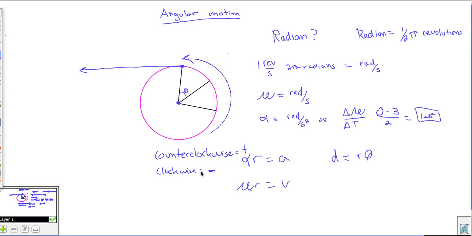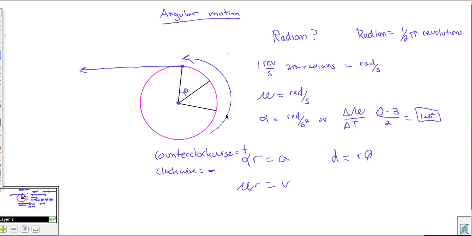I think that wraps up that idea, and we're going to use some of these concepts as we go on and talk about some of the ways that angular motion is used and how we calculate forces, and we use the conversion of a linear velocity to an angular one. If the car is moving at this linear speed, then the wheel will have this angular speed.